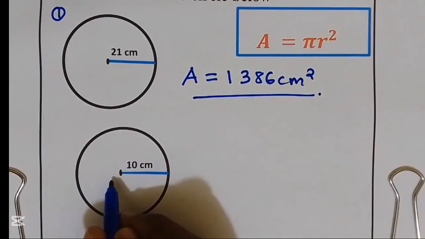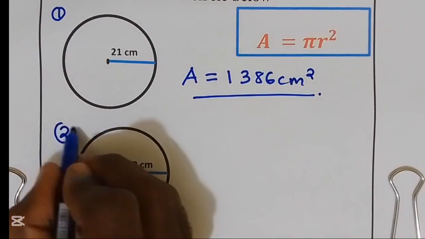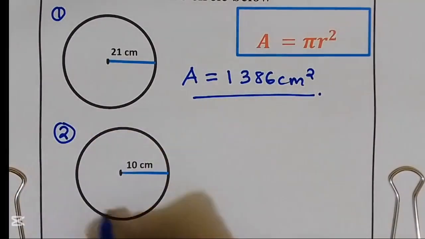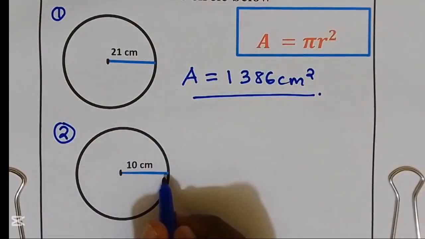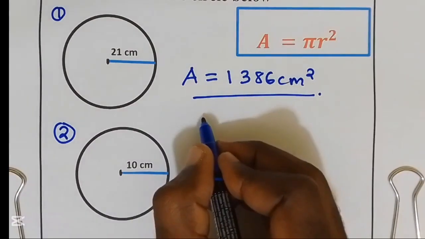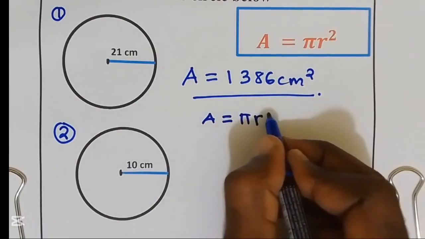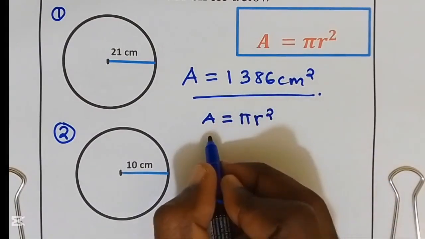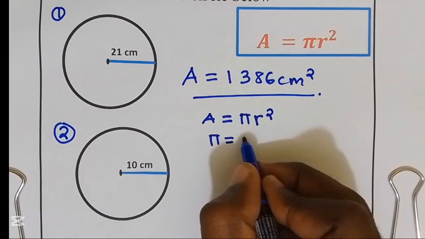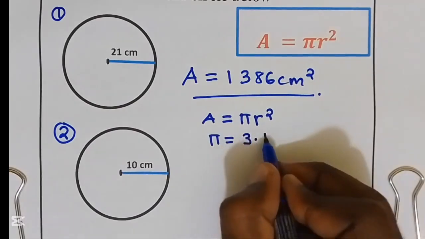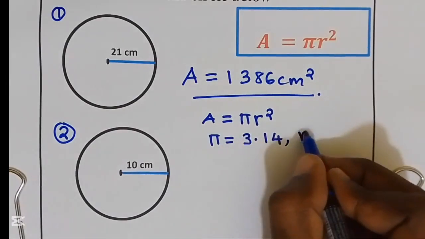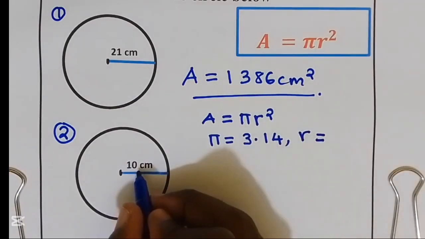Let us do question number 2. They gave us a circle with the radius of 10. Area is given by pi r square, where pi I will use as 3.14. Radius is equal to 10 centimeter.